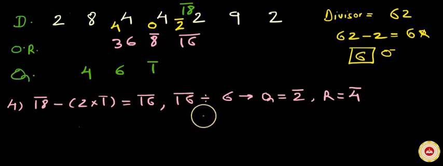Minus 16 minus minus 12 is minus 16 plus 12, that means the remainder is negative 4. So let us write negative 2 as the fourth quotient and remainder negative 4 as a prefix to the next digit, which is 9.